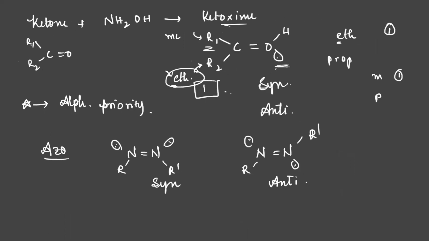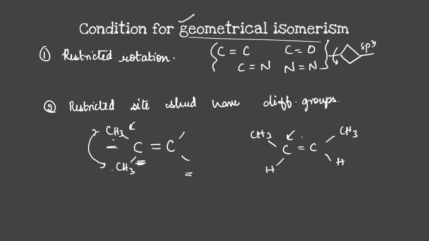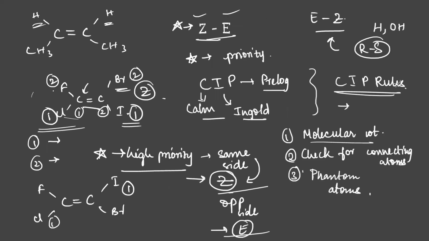So that is EZ. We have seen complete geometrical isomerism, and the last topic left is stability orders, right? Among cis and trans, when we are discussing melting point, sorry, I'm really sorry.